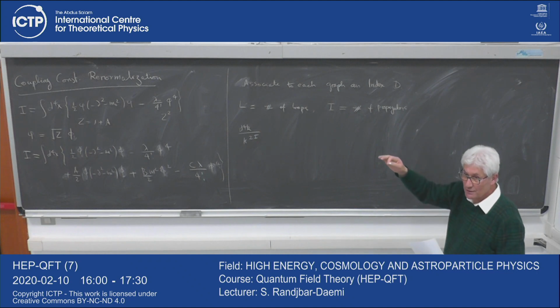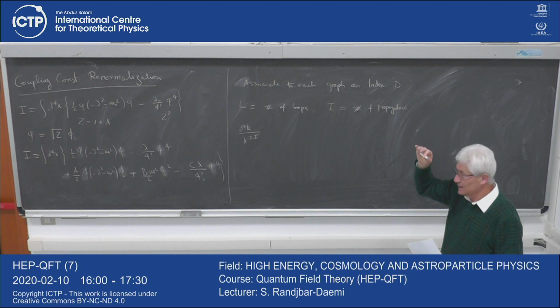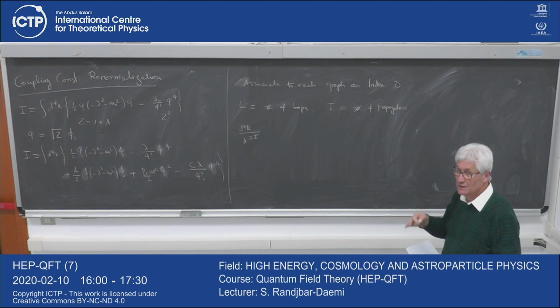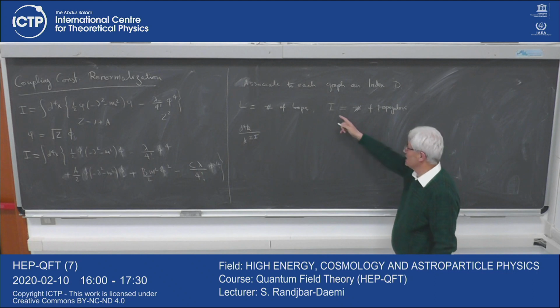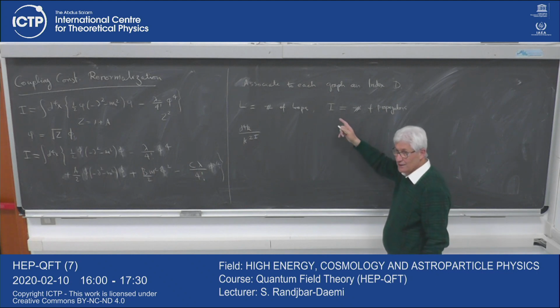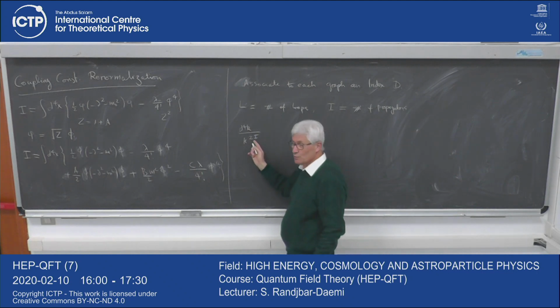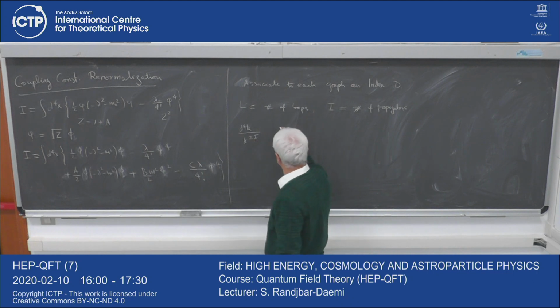I'm just counting exactly the powers of the loop integration variables and the powers of K which stand in the denominator because they come from the propagators. Each propagator has a K squared in it. And if there are I propagators, it will be K squared to the power I. And the definition of this index is 4L minus 2I.